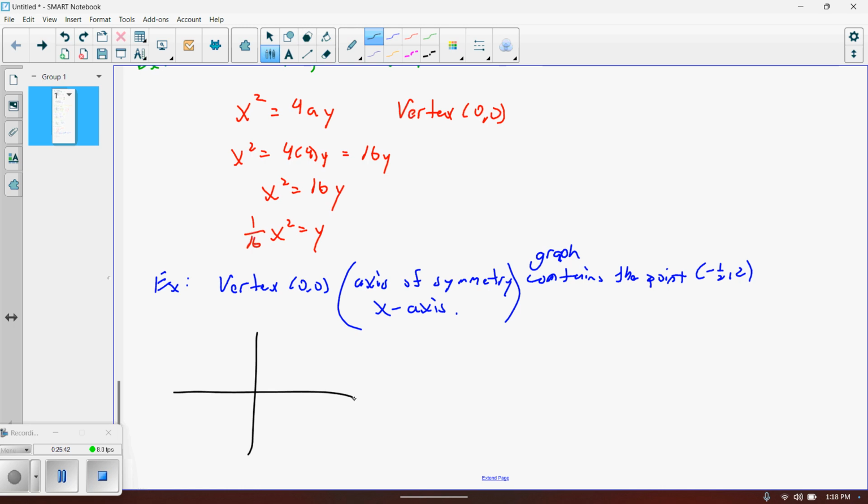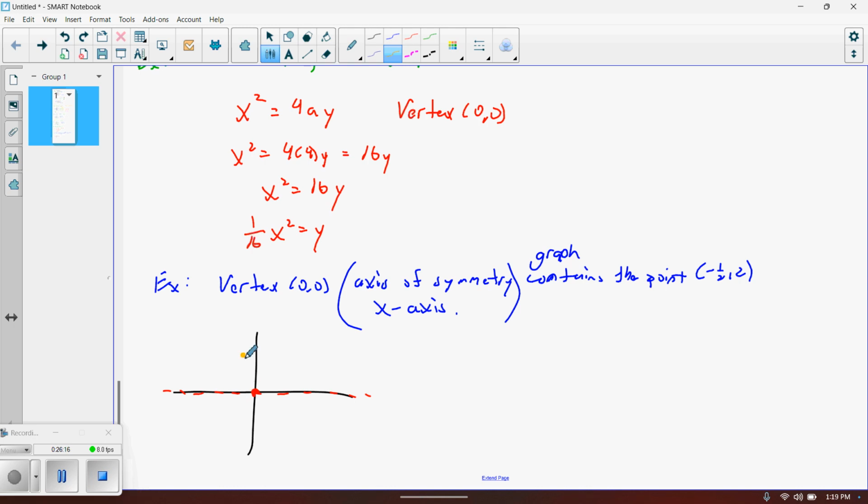So you've got a vertex at 0, 0. The axis of symmetry is the x-axis, which means this thing is going to open up to the left or to the right. We just have to figure out which way it opens based upon the information that's given. Given the point -1/2, 2, I'm going to sketch where that point should be. -1/2, 2 would be 1/2 to the left in the x direction and then up 2.